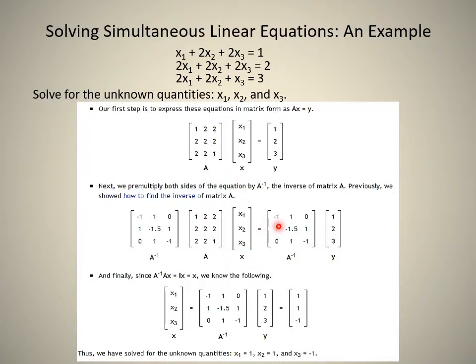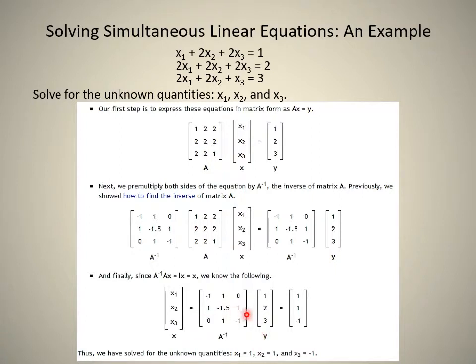And we also do it on the right hand side, pre-multiplying the right hand side column vector by A inverse. That means we end up with the column vector of unknowns on the left hand side equal to the inverse of our coefficient matrix times our column vector on the right hand side.